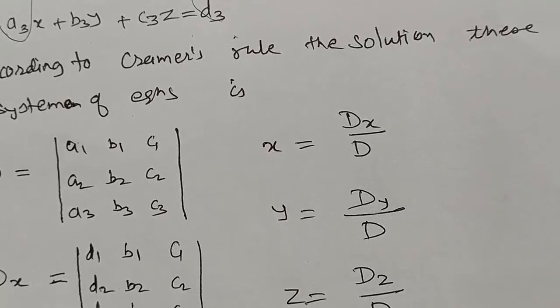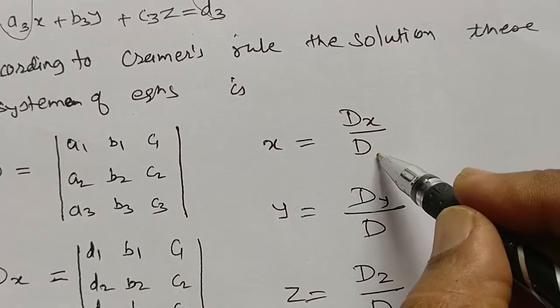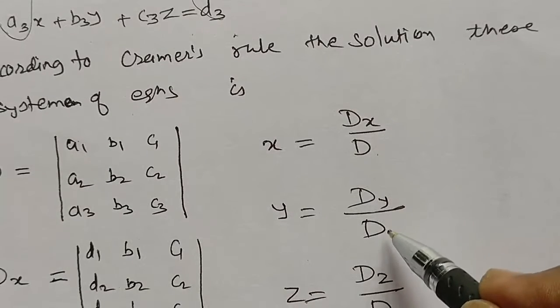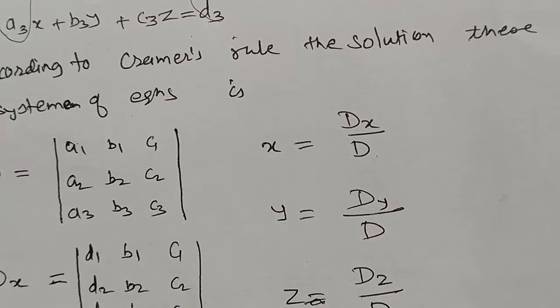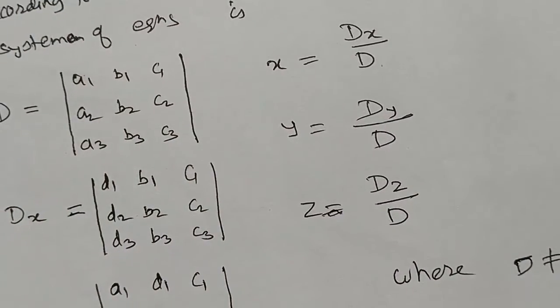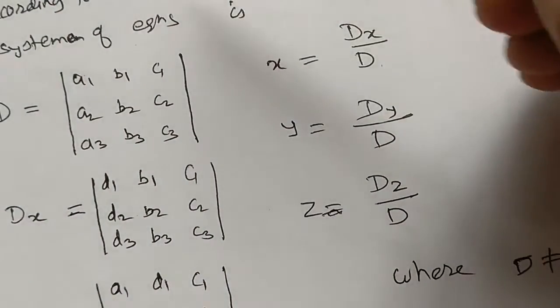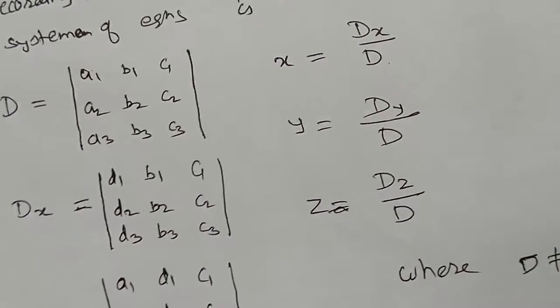Similarly, we obtain dy, dz, and then x is equal to dx upon d, y is equal to dy upon d, and z is equal to dz upon d, where determinant d in the denominator is not equal to 0. In this way we can solve the system of linear equations in 3 unknowns x, y, z.